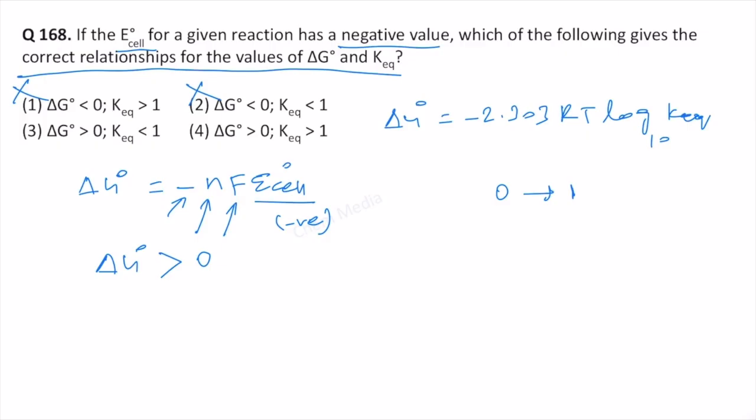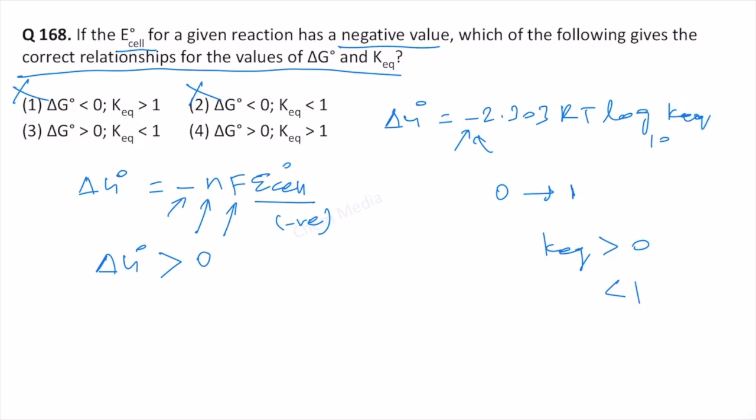So that the overall value can become positive. So, this means K equilibrium has to be greater than 0 but less than 1, so that we can get a negative number, and that negative number multiplied with this negative number would become positive, so that delta G would be greater than 0.